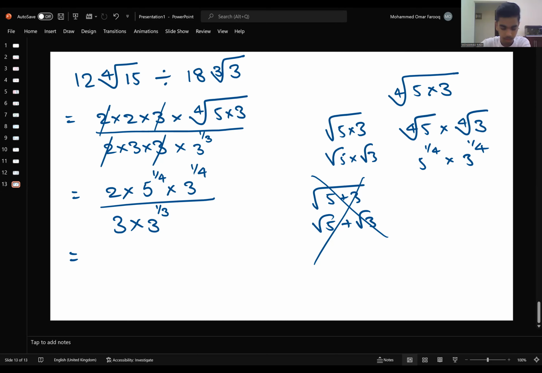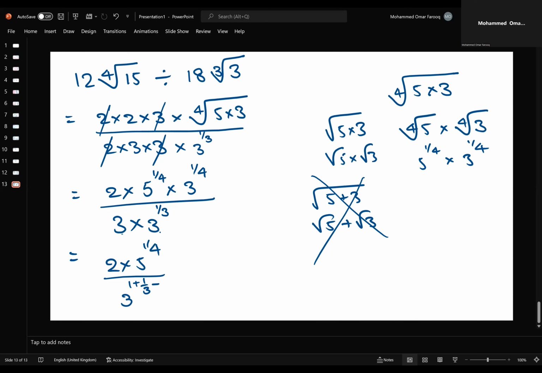So it is 2 into 5 to the power of 1 by 4, divided by 3 into 3 to the power of 1 by 3. Can I add it? So it becomes 1 plus 1 by 3 minus 1 by 4. If it comes down, it will be subtracted because we have the same base 3.